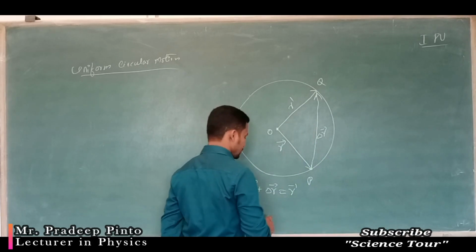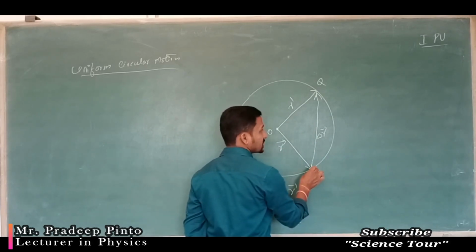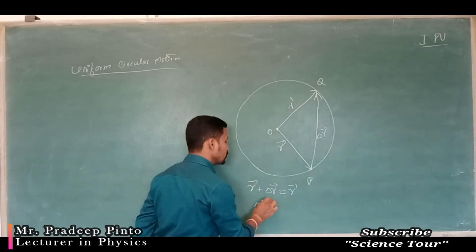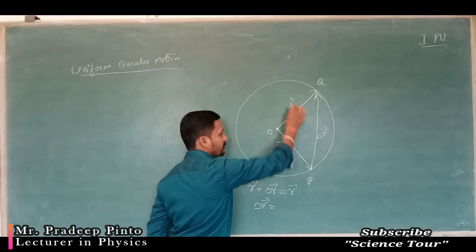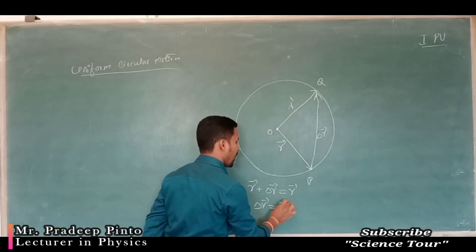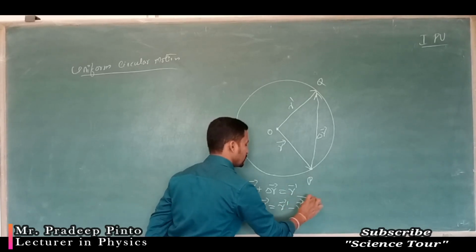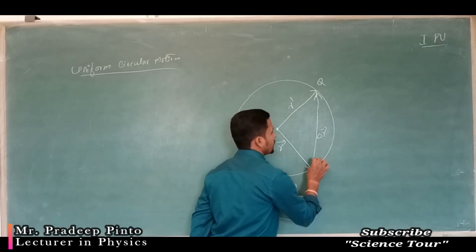Added head to tail. Position means displacement. From P to Q is the displacement. That is nothing but R2 minus R1, final minus initial, that is R dash vector minus R vector. So the displacement will be in this direction.